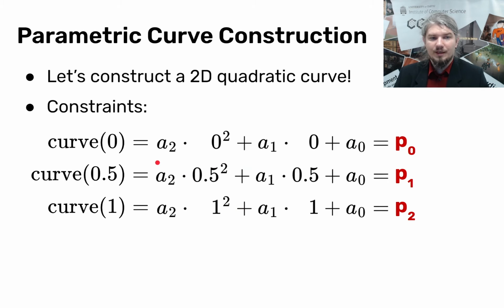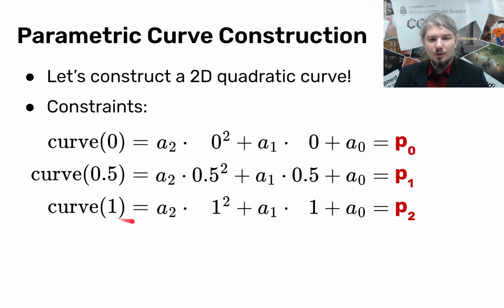So let's write out our quadratic function. Here we have a2 times t squared plus a1 times t plus a0. So when t equals 0, all of these values here will become 0 and we just have this a0 here. When t equals 0.5, well, this is gonna be 0.5 squared and this is just gonna be 0.5.